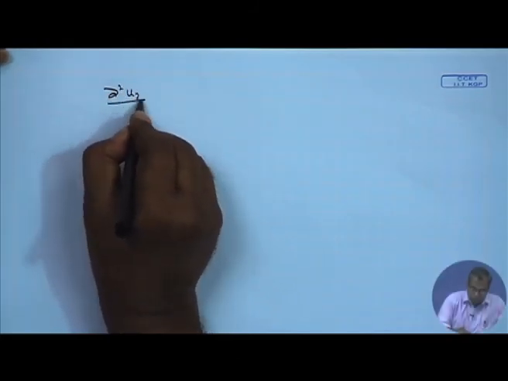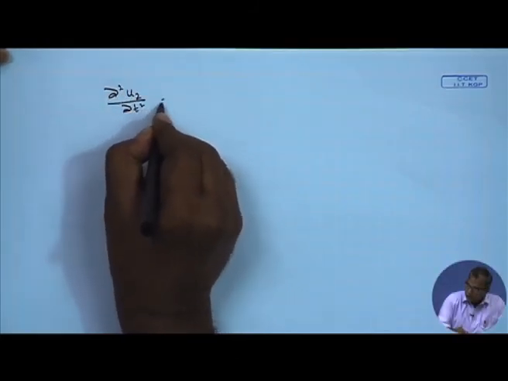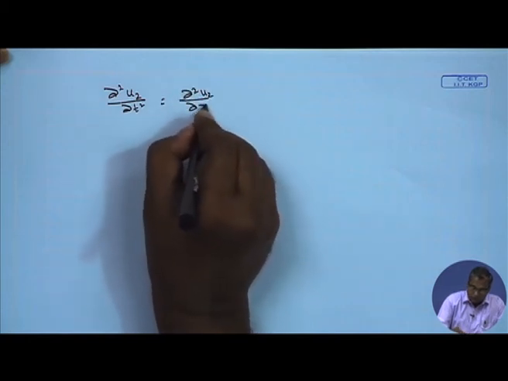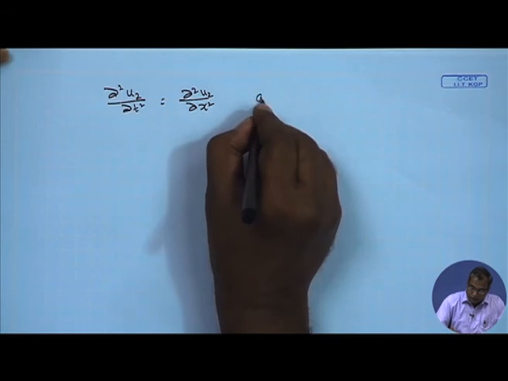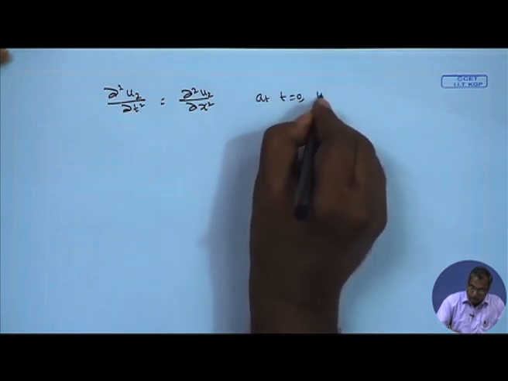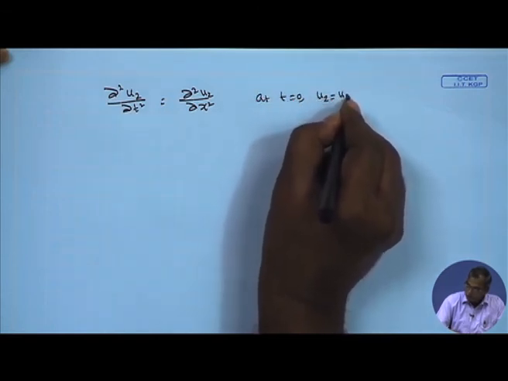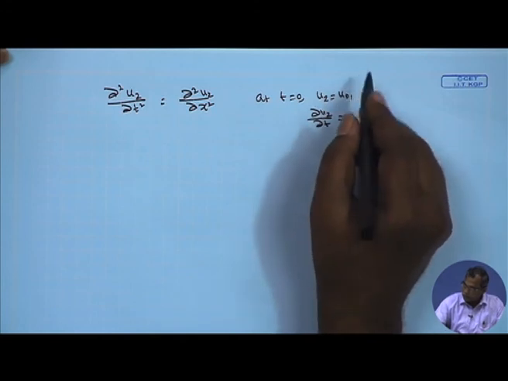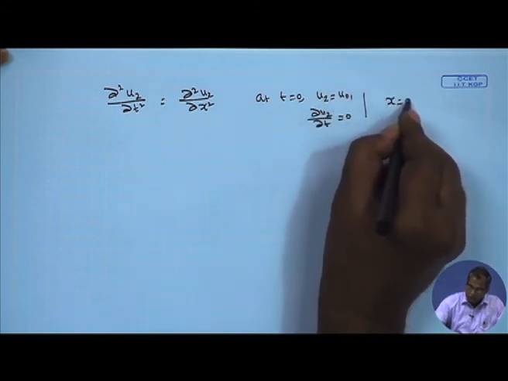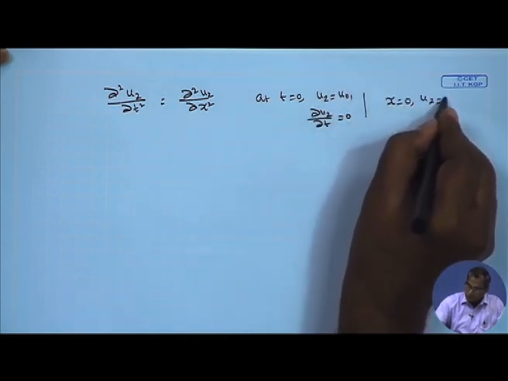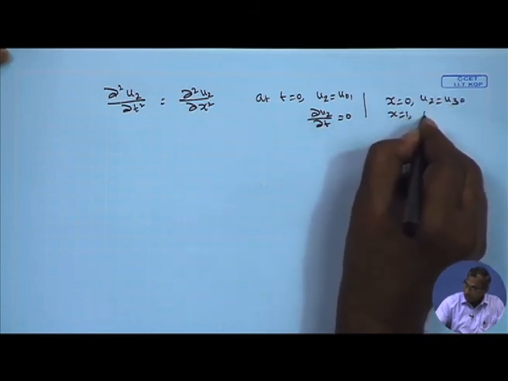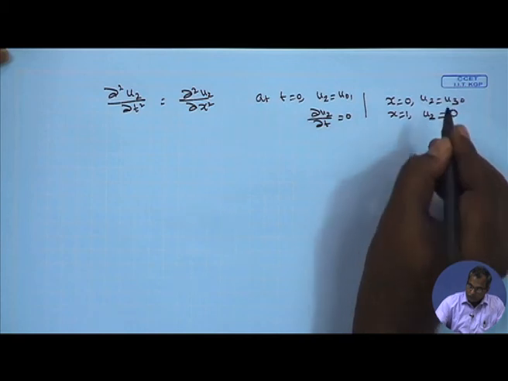Del square u2 del t square is equal to del square u2 del x square. At t is equal to 0, u2 is equal to u01, and at t is equal to 0, del u2 del t will be equal to 0, and we have at x is equal to 0, u2 is equal to u3 naught, and at x is equal to 1 we have u2 is equal to 0.